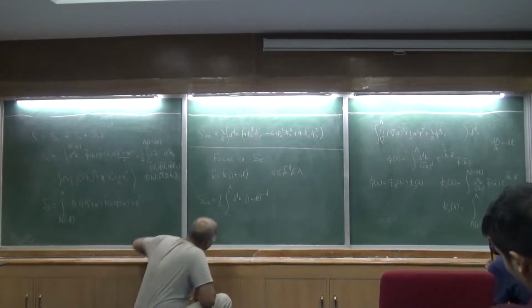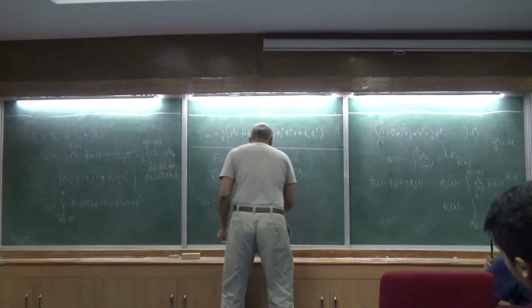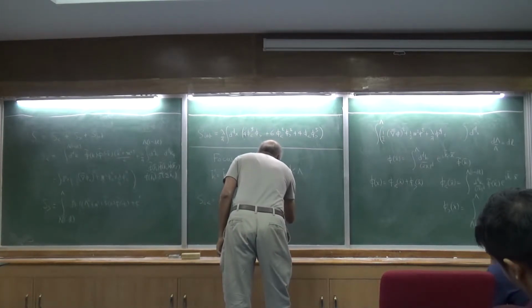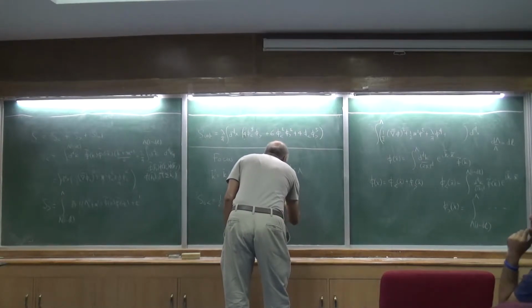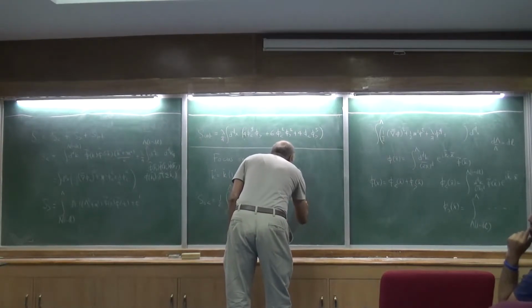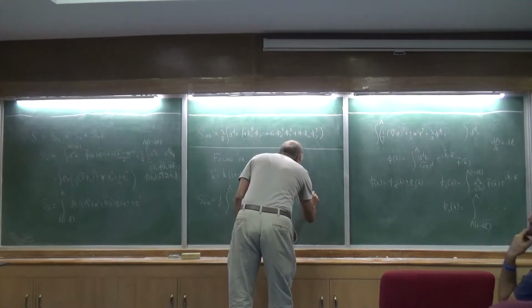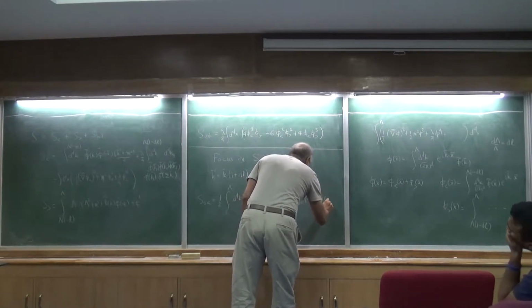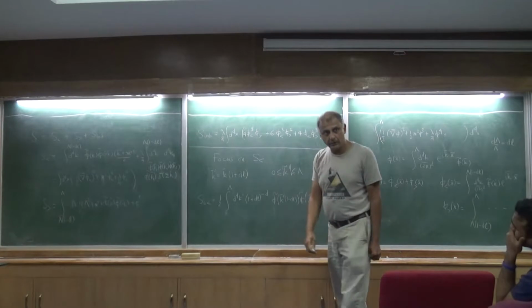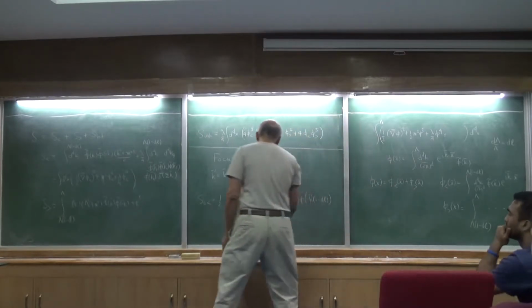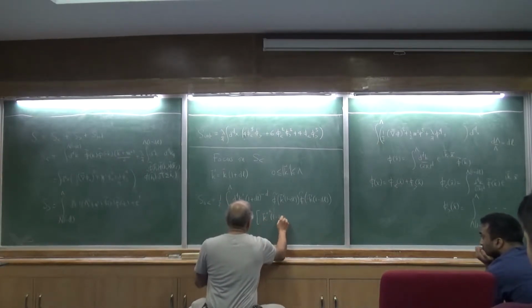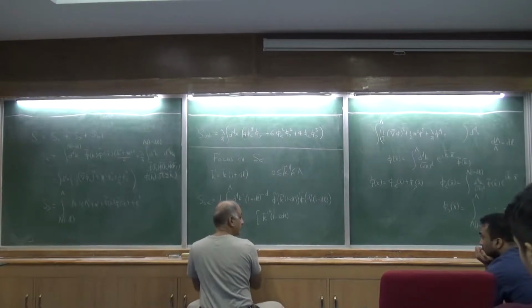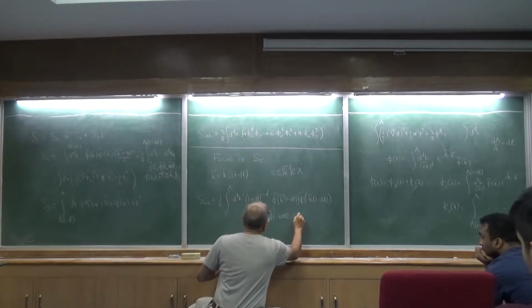Then you have your phi tilde of k. What is k now? It's k prime times 1 minus dl. Phi tilde of minus k prime times 1 minus dl, times k prime squared times 1 minus 2 dl, plus m squared.